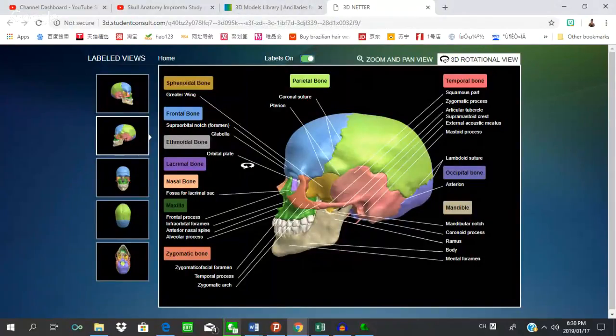They're color coded, which is not what it looks like in real life. But this is why Netter's is so popular and so much better to learn from, because they break it down for you to understand. I think anyone can get to understand because they break it down with the colors, and you can understand what exactly is going on.